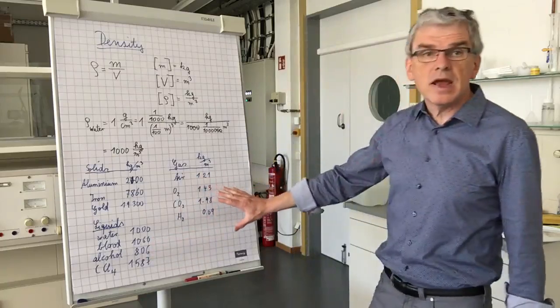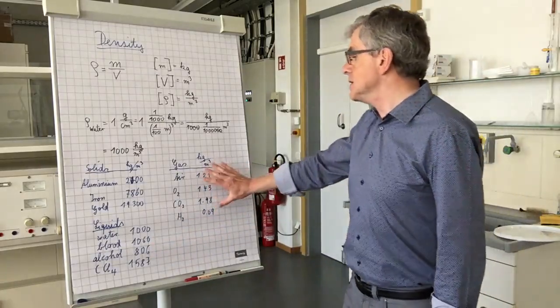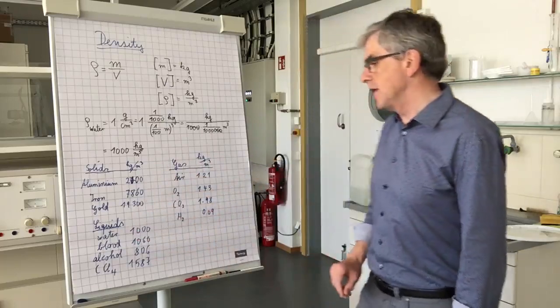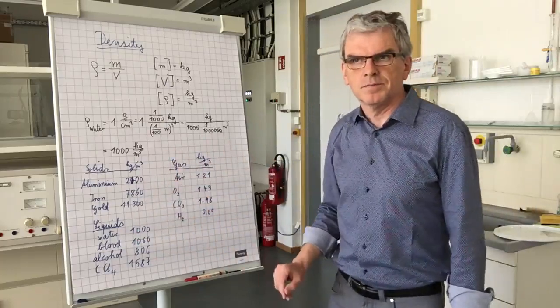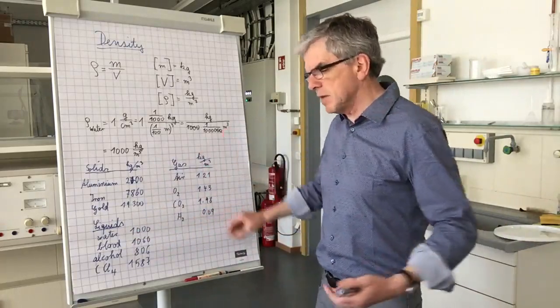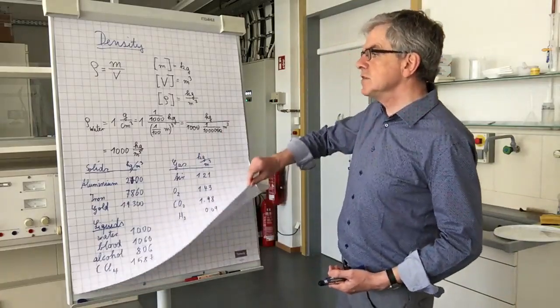So they definitely also have some mass and some density. However, it's typically on the order of 1,000 times smaller than that of liquids or solids. And the reason is that in a gas, atoms are much more separated, and therefore the density is lower.